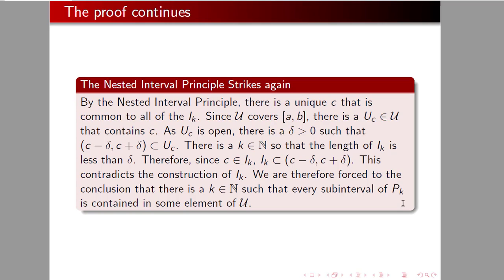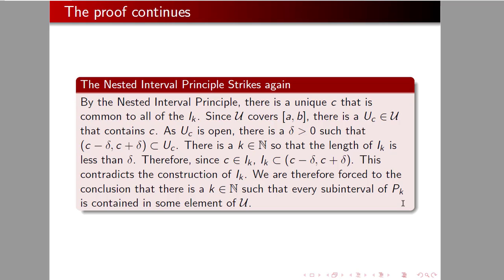By the nested interval principle, there is a unique point C that is common to all of my I sub k's. Since U covers the closed interval AB, there is a U sub C in U that contains C. As U sub C is open, there is a delta greater than 0 such that C minus delta to C plus delta is contained in U sub C. There is a k element of N so that the length of I sub k is less than delta.